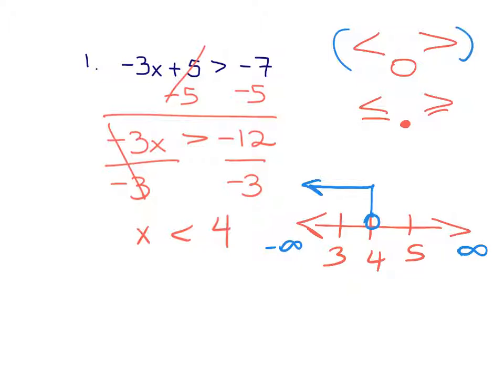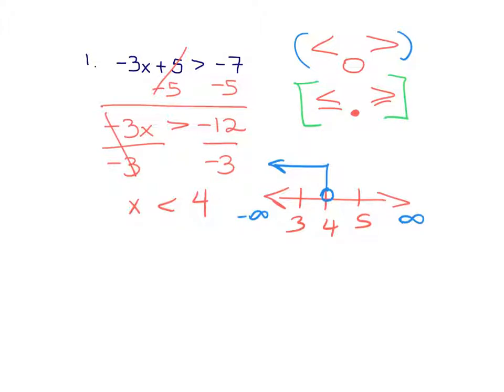And we're going to be using brackets around the numbers for the greater than or equal to or the less than or equal to. So notice in my graph, when it's a less than, what you're going to do is you're going to put negative infinity up to where it stops.